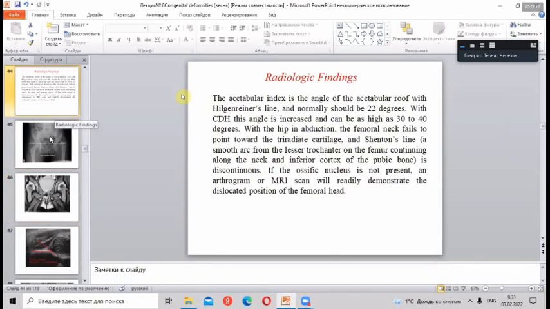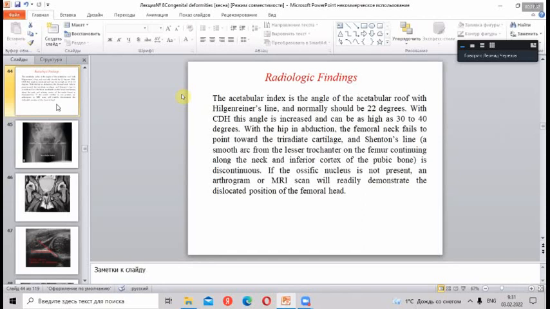The acetabular index is the angle of the acetabular roof with Hilgenreiner's line and normally should be 22 degrees. With congenital dislocation of the hip, this angle is increased and can be as high as 30 to 40 degrees.